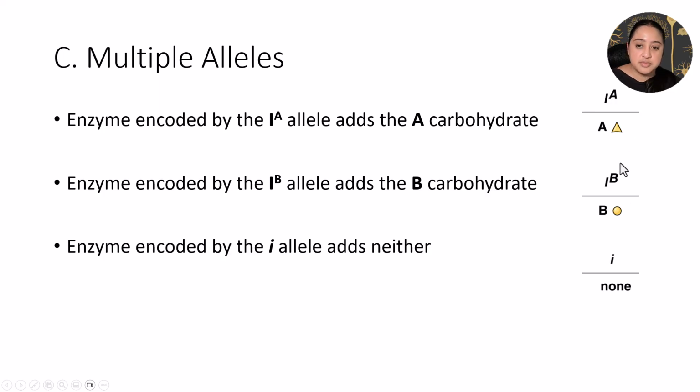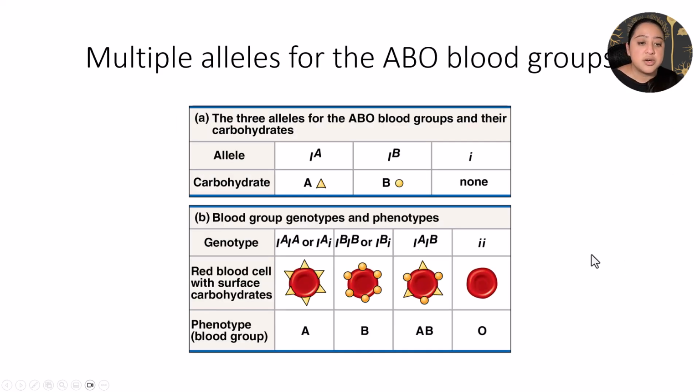And so when we think about those combinations, because you're going to inherit one allele from your mom and one allele from your dad, it depends on what combination you get. So this is an example of a red blood cell with only the A carbohydrate on the surface. And so that means this person inherited either both copies of the IA allele or one IA and one i. That's how you get only the A carbohydrate.